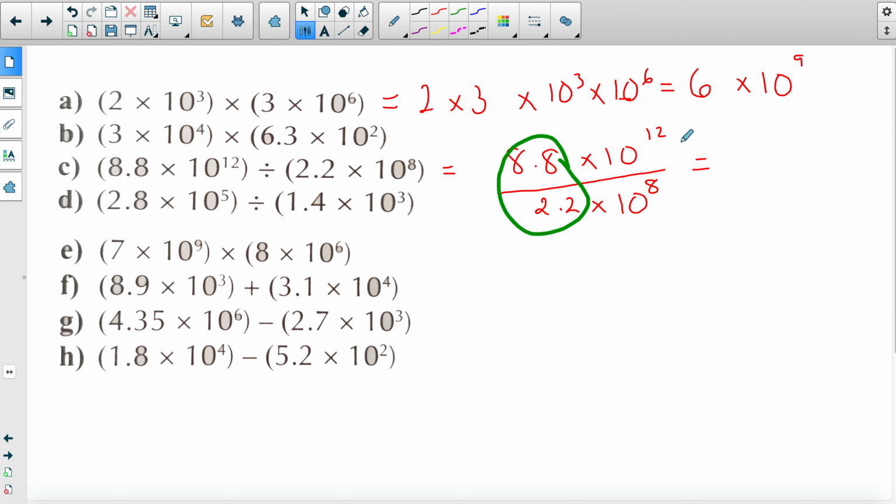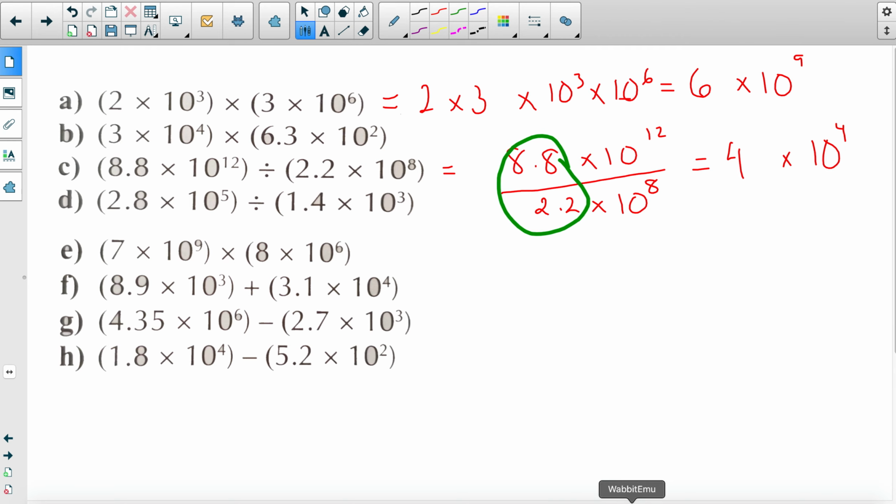You can change them as well to be 88 divided by 22 if you want to, but the answer is 4 in this case. And then 12 and 8, well, you have a division sign. You have the same base, which is 10, and so you subtract the powers, and 12 minus 8 will be 4. So it's 10 to the power of 4.